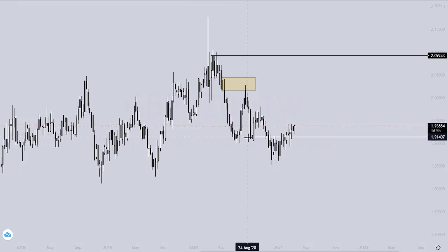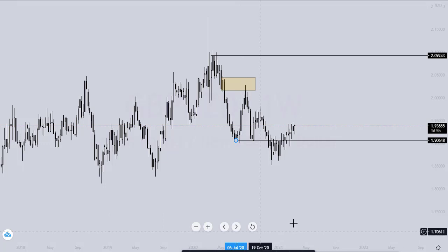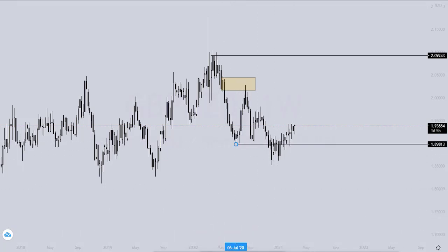Now our new range, this is the broken structure. You have to differentiate a range and a broken structure. This is a broken structure. The structure is broken. Now where is the source of the movement?